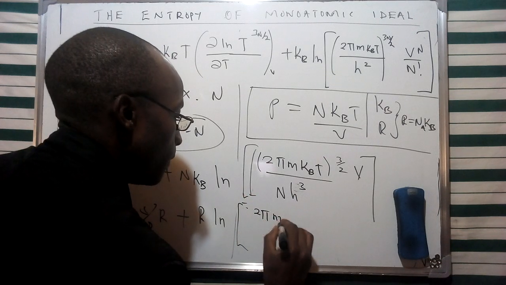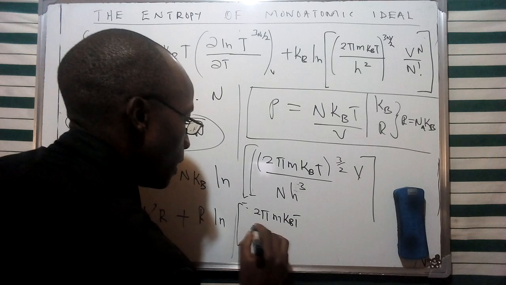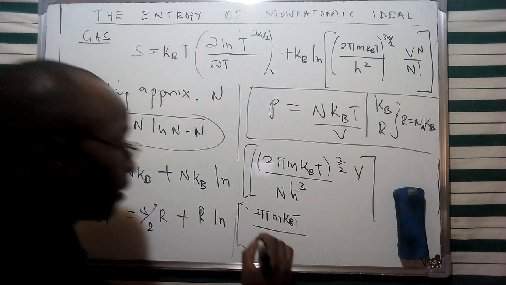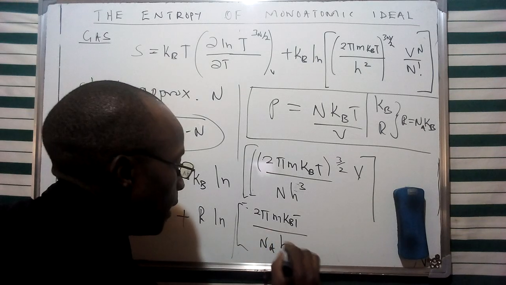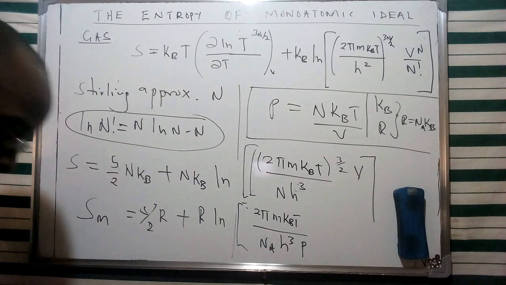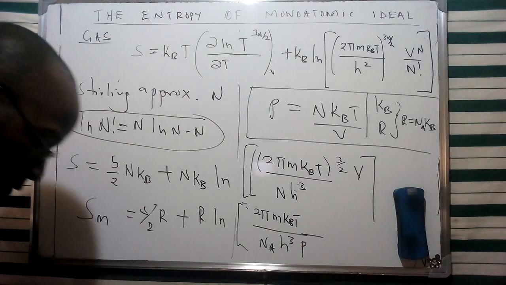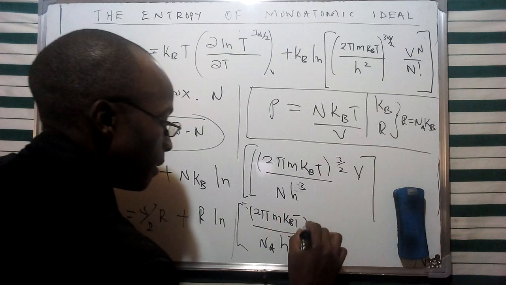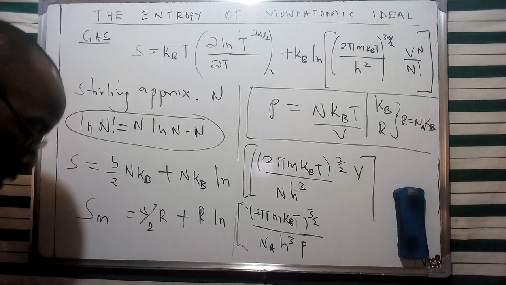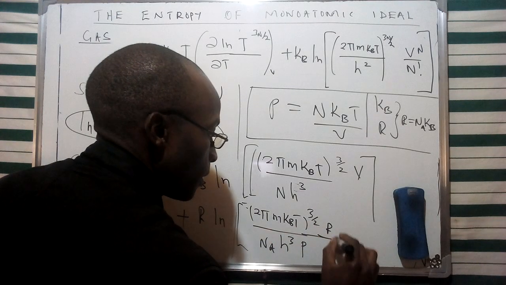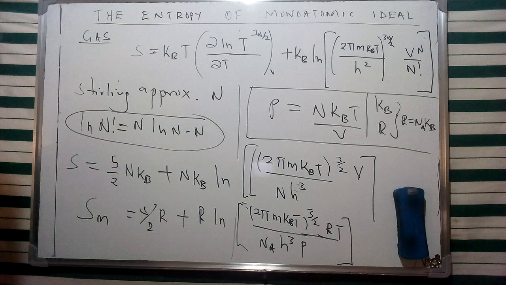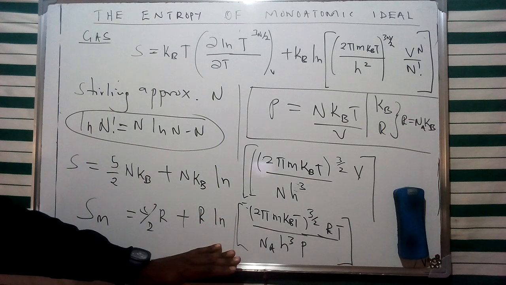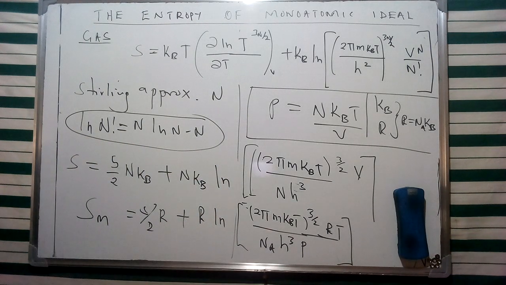So we're going to have m kB T all over this one. So we're going to have Na, having done a substitution for pressure, h^3 P, and then we're going to have this one given as 3/2, and then we're going to have RT as part of this specific numerator.